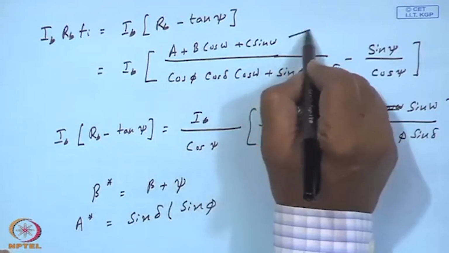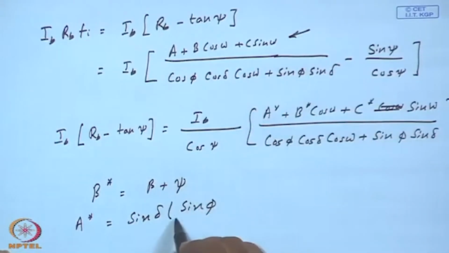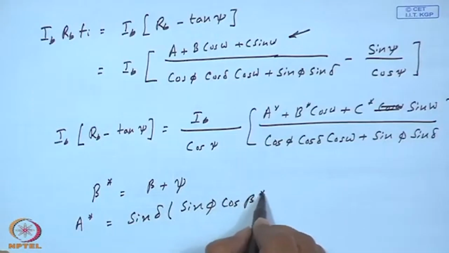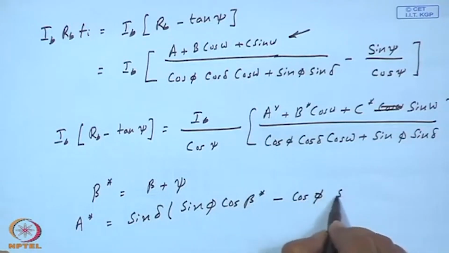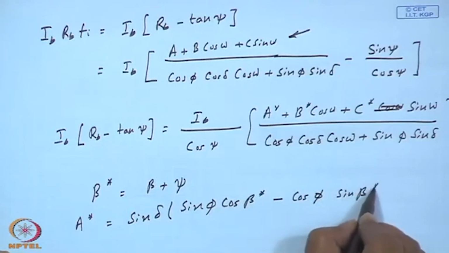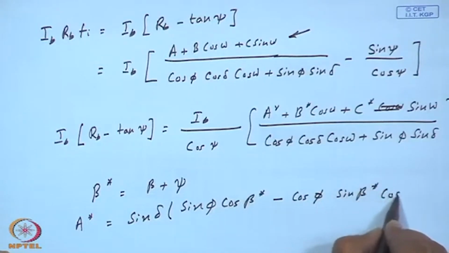That is what we have done here. Sin phi cos beta star minus cos phi sin beta star cos gamma.